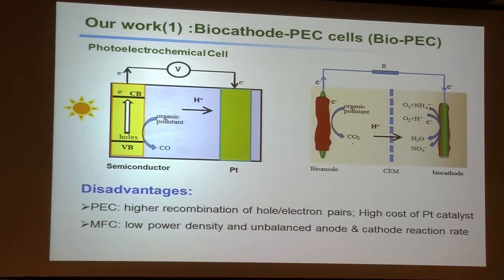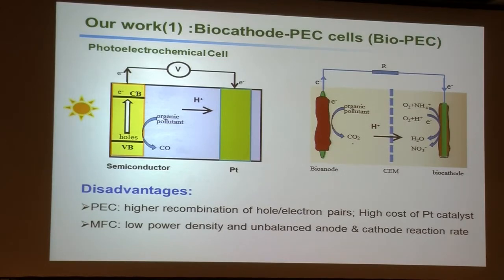If we consider the disadvantages of the two systems, obviously the high recombination of the hole and electron pairs in the PEC is a big challenge for application, and the cost of platinum is another important factor.